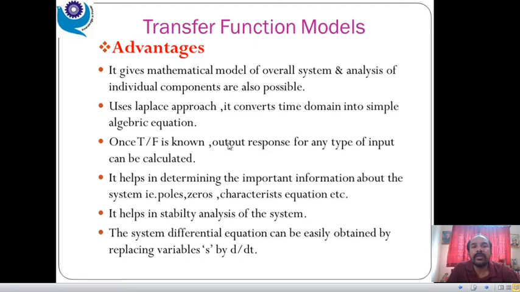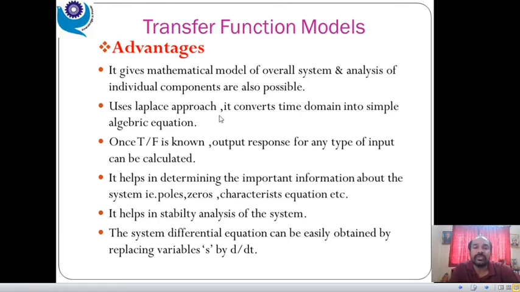It gives a mathematical model of the overall system, and analysis of individual components is also possible. Exactly, we had a discussion that it gives a mathematical model of the overall system, and similarly, if you want the individual component analysis, that can be done with the help of transfer function.